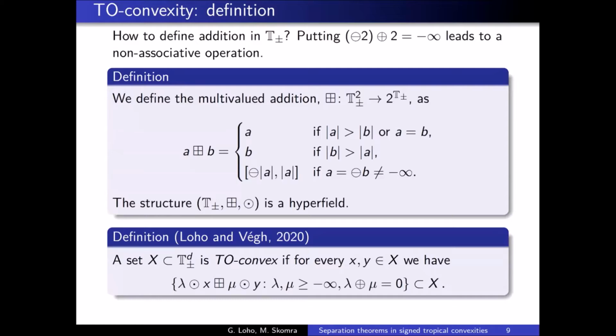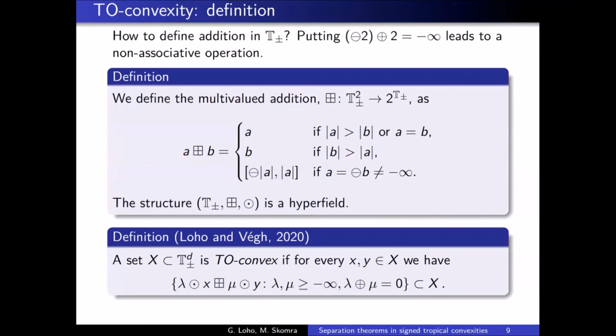So maximization doesn't have an inverse operation, so we cannot simply take two numbers and subtract them. And if you try to do this naively, let's say by saying, if I have 2 and -2 and I try to add them, maybe they should cancel, so I will say that this is -infinity, then this kind of operation is not even associative. So this is a very bad operation from the algebraic viewpoint. So you need to do something more clever.